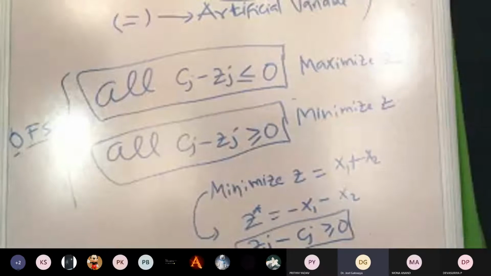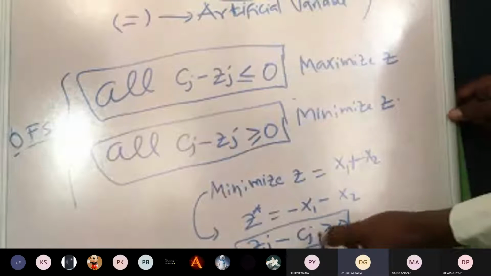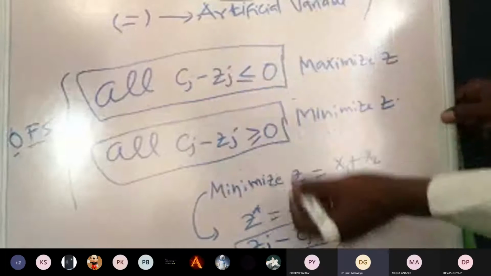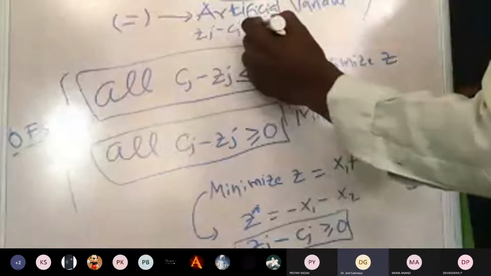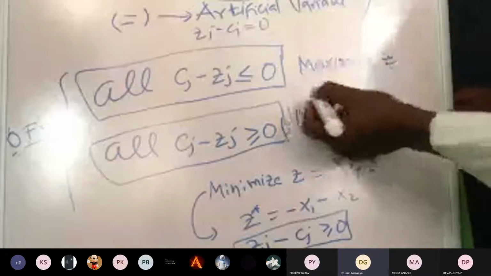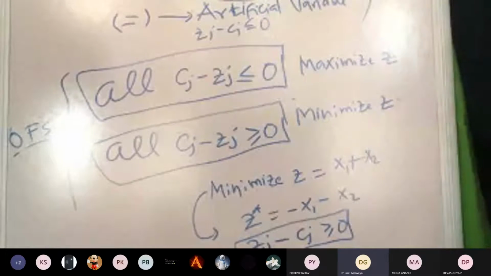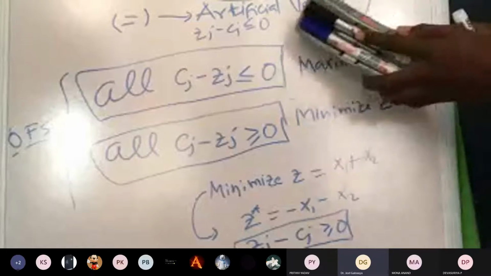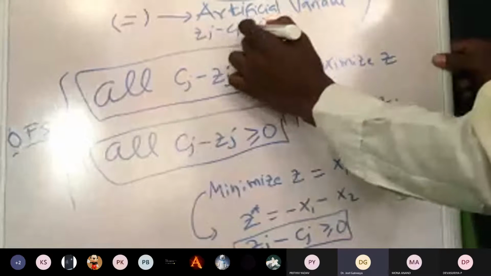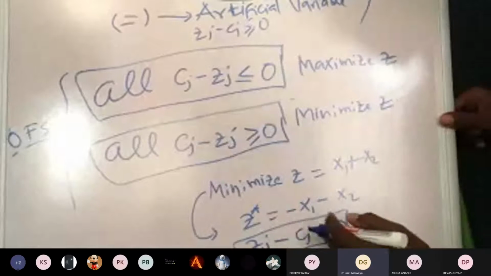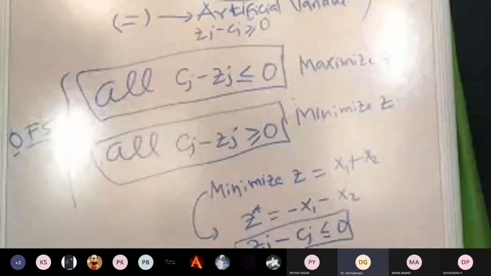When you balance by the minus sign, it should be lesser than 0.